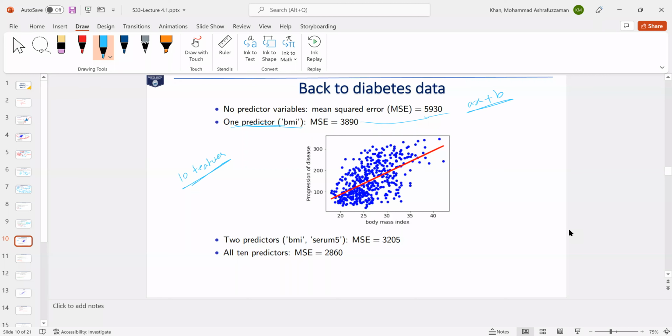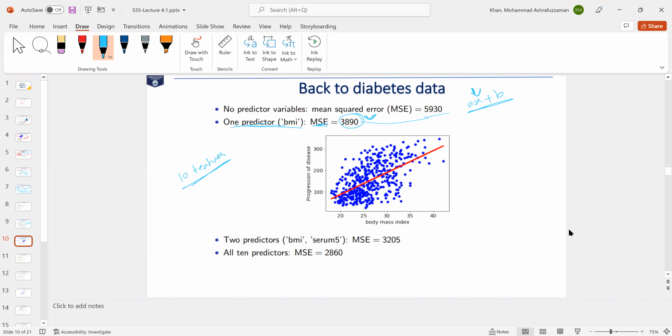Then the mean squared error comes out to this value, 3890. The absolute value of mean squared error does not make much sense by itself. It only makes sense when we have more than one value and we can compare them.